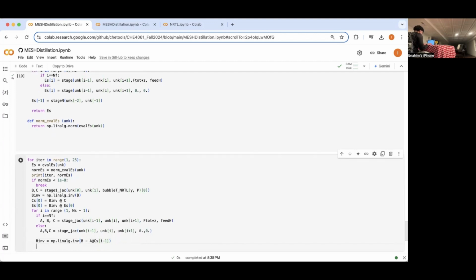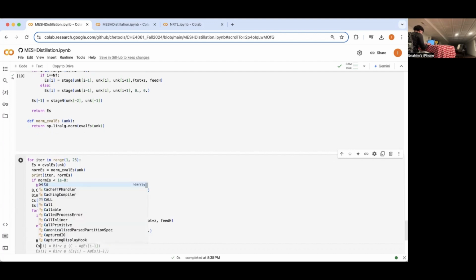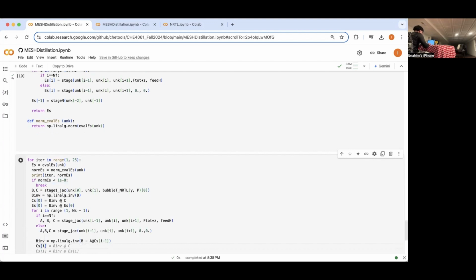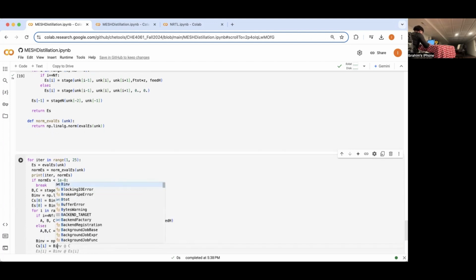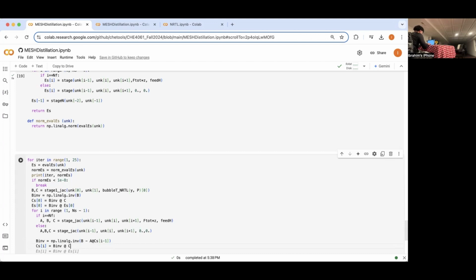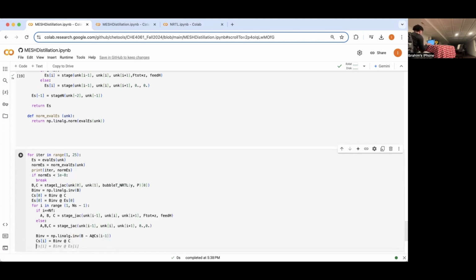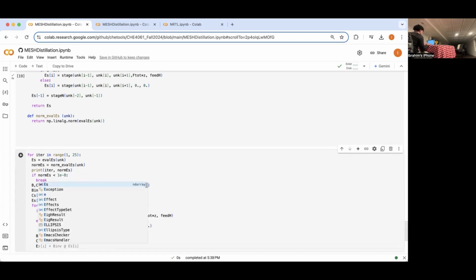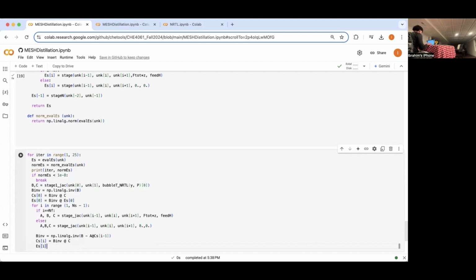And then we're going to go ahead and set up our C's and E's again. So our residuals here as a function of i, and then this is going to be equal to our B inverse multiplied by our C, essentially matrix multiplier by our C. All right, setting up our E's. So E's as a function of i is going to be equal to our inverse B matrix multiplier here.